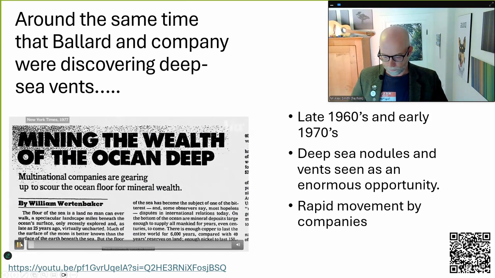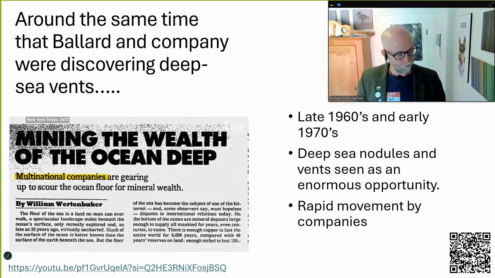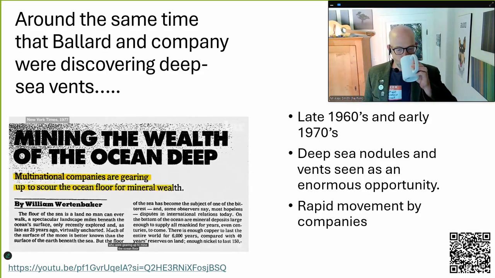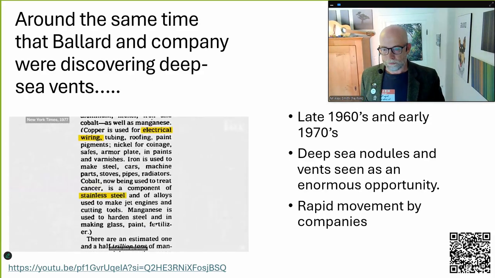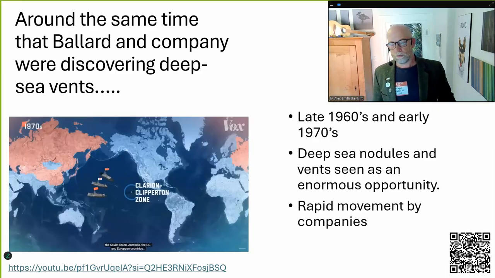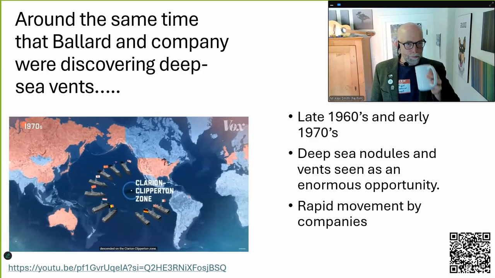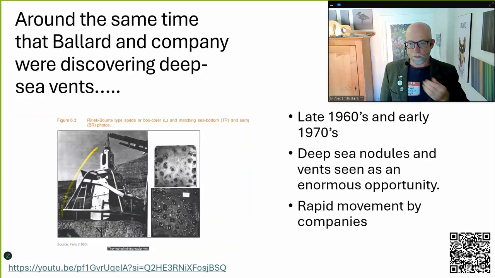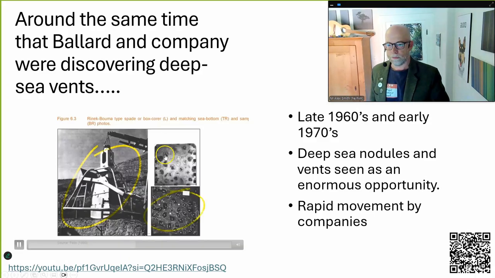These discoveries sparked the interest of multinational companies in the 1960s and 70s, who were gearing up to mine the ocean floor for industrial uses like electrical wiring, stainless steel, fertilizer. Companies from China, Japan, the Soviet Union, Australia, the US, and European countries descended on the Clarion-Clipperton Zone. They tested mining equipment and took some of the first photos of the rocks on the seafloor.